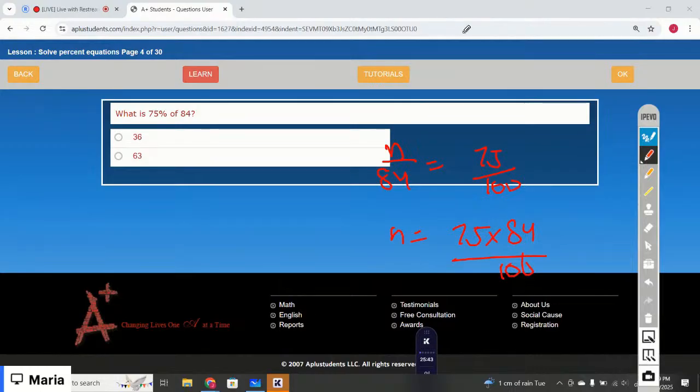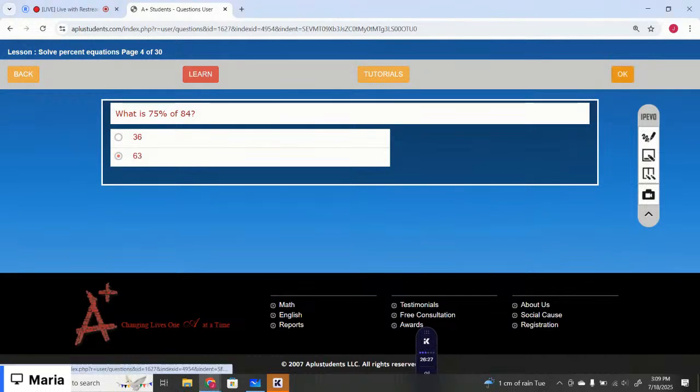So you have to do 75 times 84, that is 6300 over 100, that equals 63. Option number 2 is the correct option.